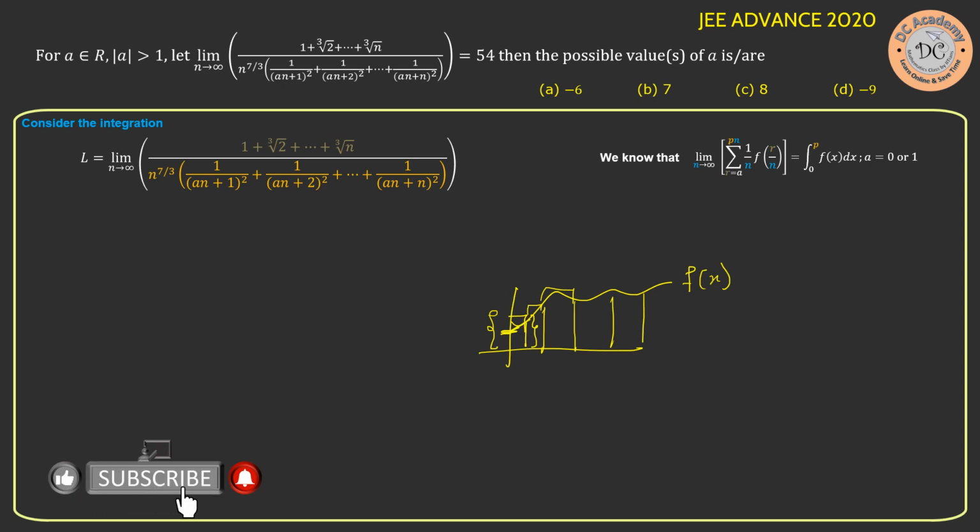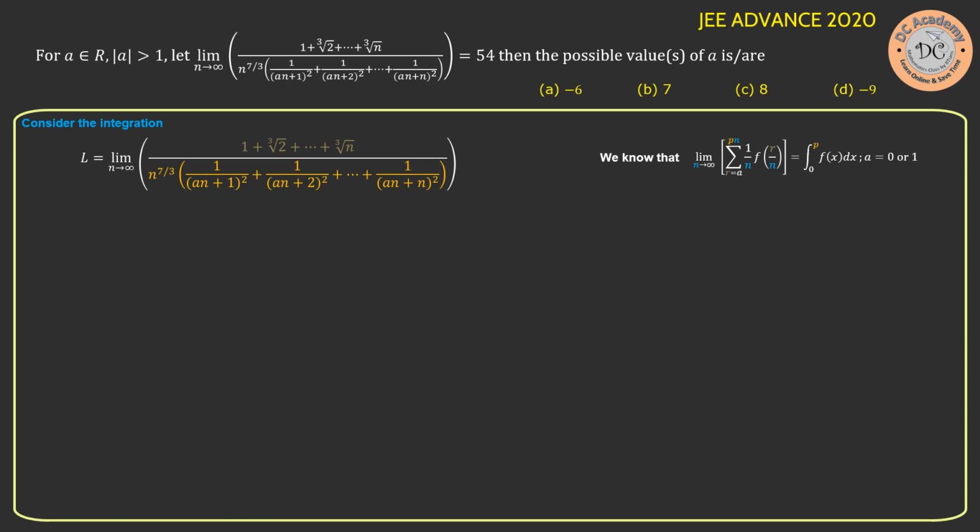So basically, whether we start with r equal to 0 or from the next point doesn't matter. Why? Because n is infinity, so the width of the rectangle is too small, and r equal to 0 or 1 doesn't mean anything. So both can be used.